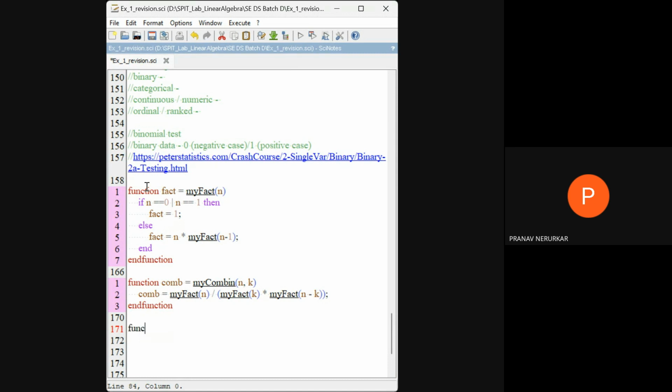And then this combination can be used for calculating probability.